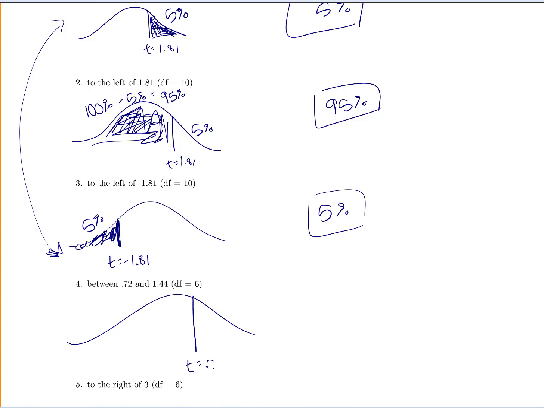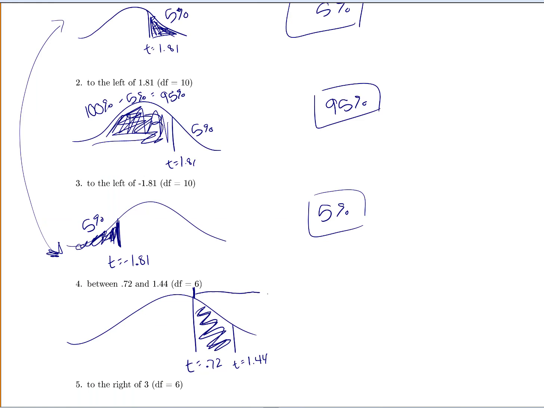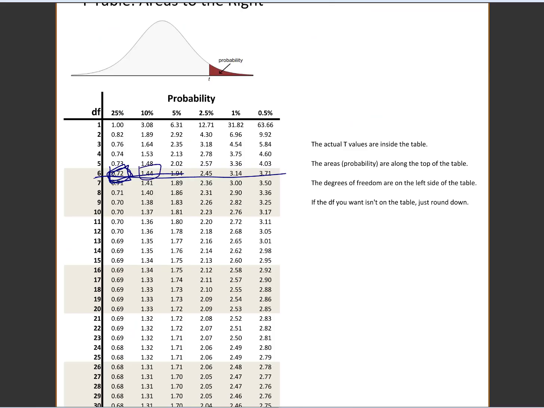What if I have t equals 0.72 and t equals 1.44, and I want to find the area in the middle, and I have 6 degrees of freedom? So with 6 degrees of freedom, we wanted 0.72, and the area from there to the right is 25%. So from here all the way over is 25%. But I only wanted this section, so I could find the area from 1.44 over and see what that is first.